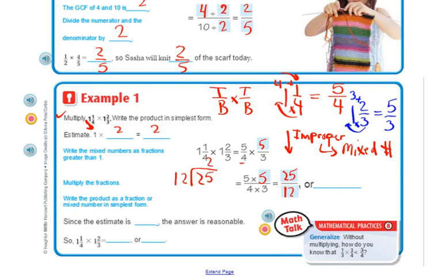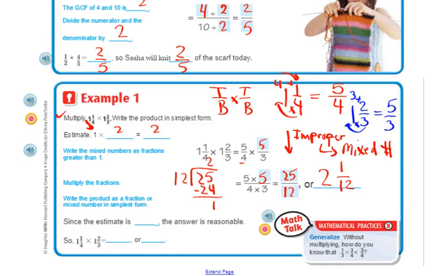12 goes into 25 two times. I'm subtracting here to get a 1. So what I have here is 2 whole on the top, 1 as my remainder, and my denominator of 12 does not change. I get an answer of 2 and 1/12. All right, now that's again changing from improper fraction to mixed numbers. All right, bringing in another review skill.